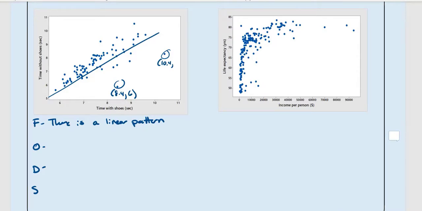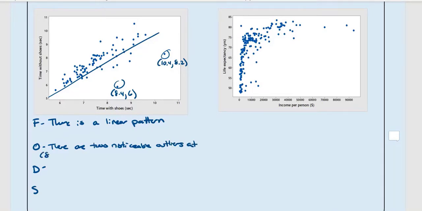We're just eyeballing it. So what we're going to say is there are two noticeable outliers.